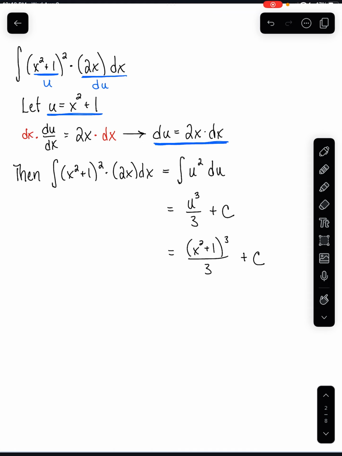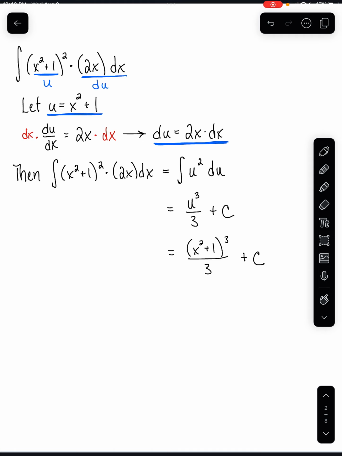Now, this is not the most obvious thing in the world. We have to trust the process. As with all things in math, this is a series of logical steps. If A is true, then B is true. Then if B is true, C must be true. If C is true, D is true, and so on and so forth.